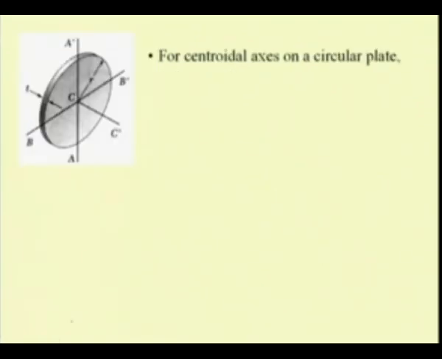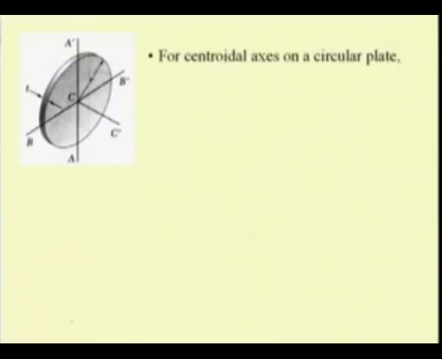Let us take another example. Here you see a circular plate. Again we will see how we extend our findings for the second moment of the area in order to compute the second moment of mass for this thin circular disc. So, let us say we have a disc of radius r and thickness T, and we have this centroidal frame of reference A prime, C, B prime, C prime.